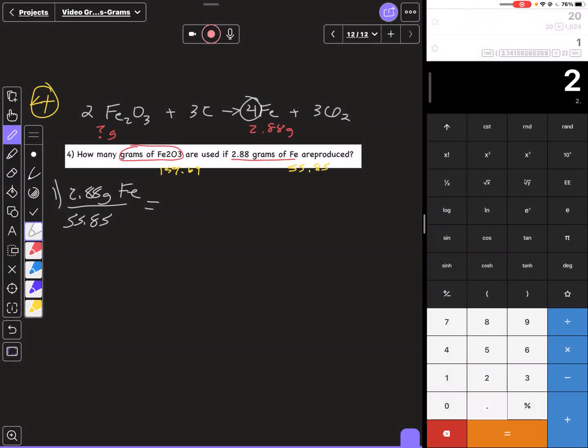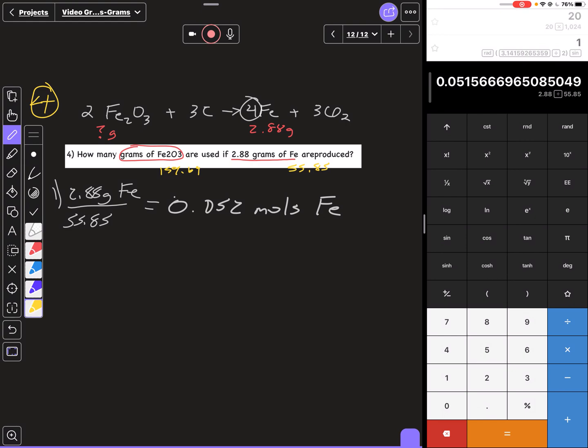So now 2.88 divided by 55.85 gives me 0.052. So now I'm in moles of Fe.